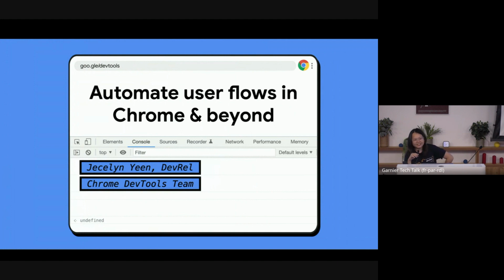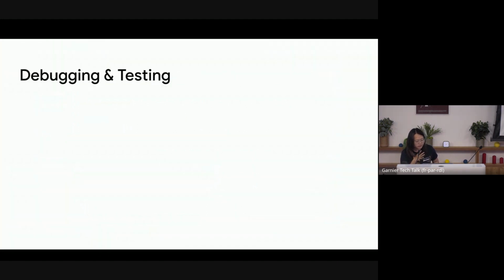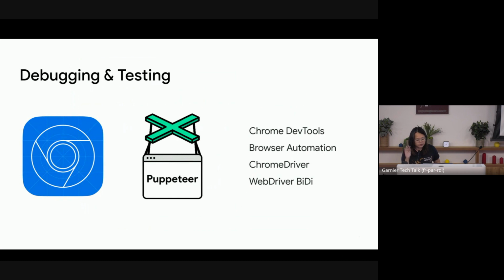Okay, so welcome everyone. Today we are going to do a workshop about automating user flow in Chrome and beyond. For those who didn't attend the session just now, my name is Jecelyn. I'm a dev rel in Chrome. My team focuses on debugging and testing. Just now, for example, Chrome DevTools is for debugging. It's a debugging tool that a lot of us use.